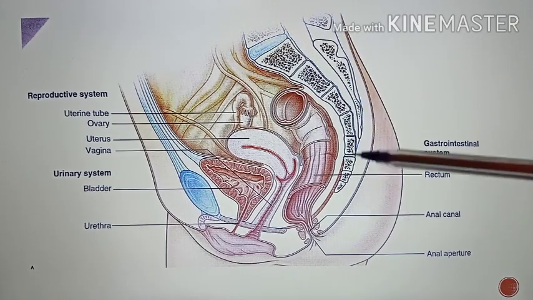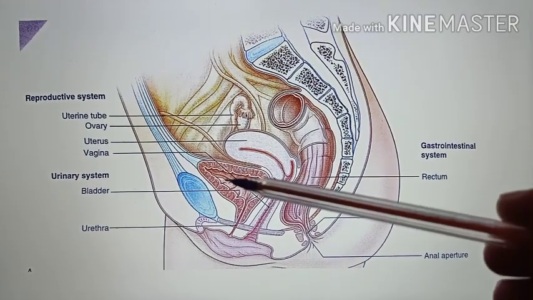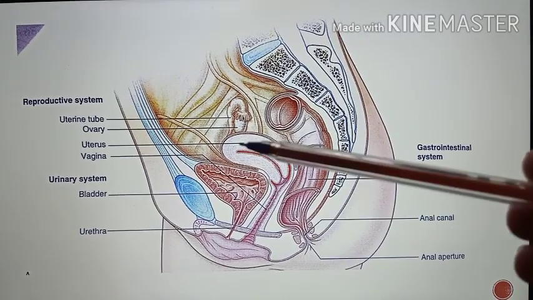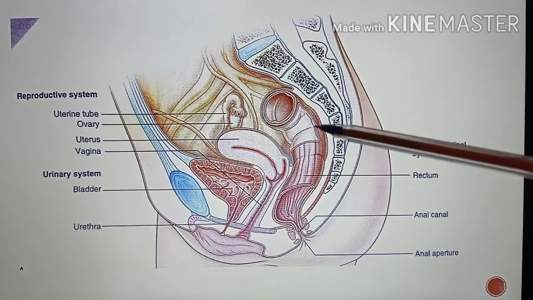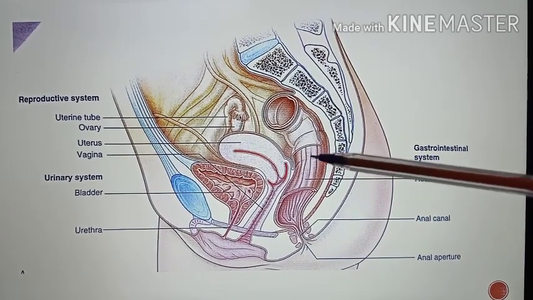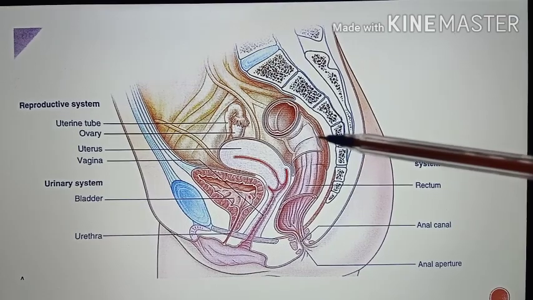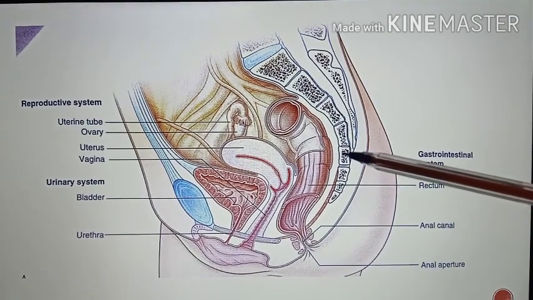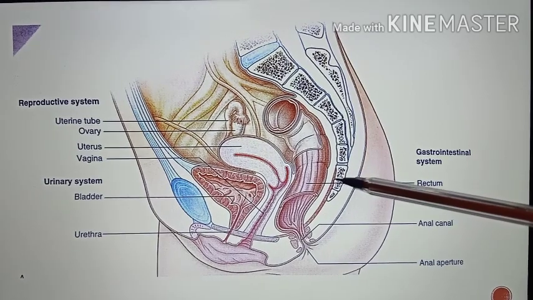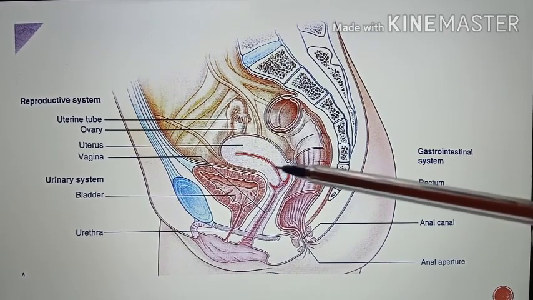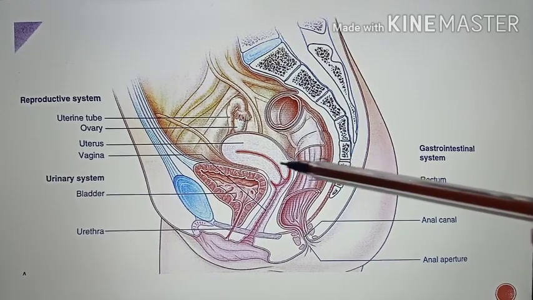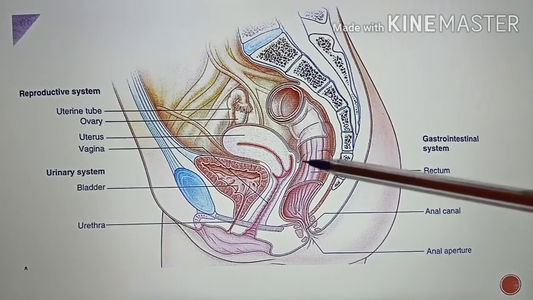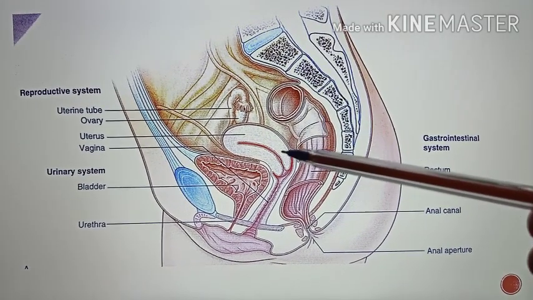So this is the female pelvis. Here you can see the urinary bladder, the uterus, and the rectum. Here also it is lying in front of the lower 3 sacral vertebrae and the coccygeal vertebrae, and behind the uterus.